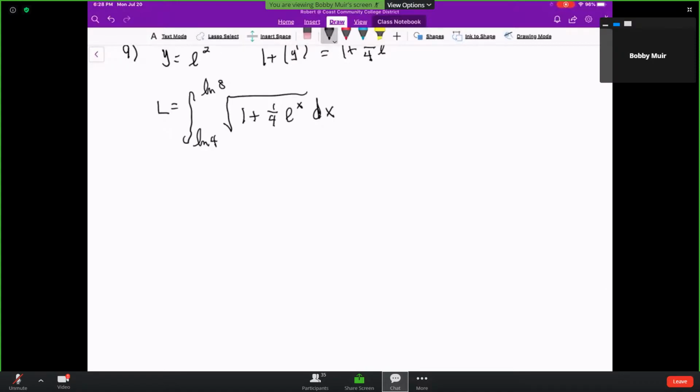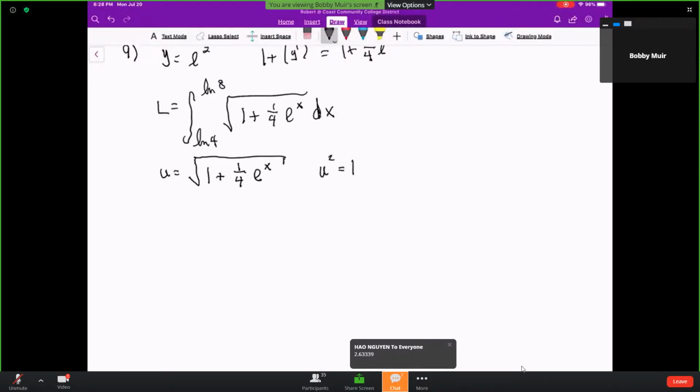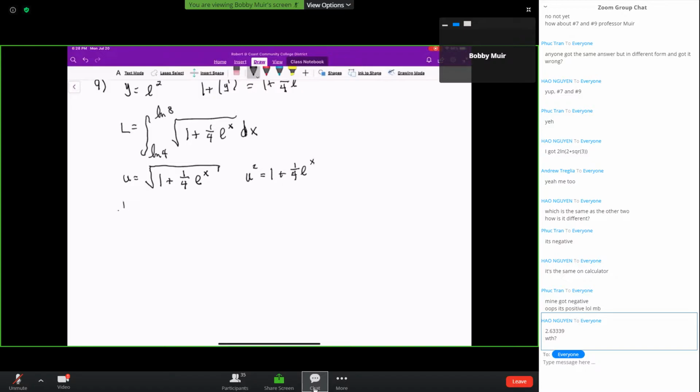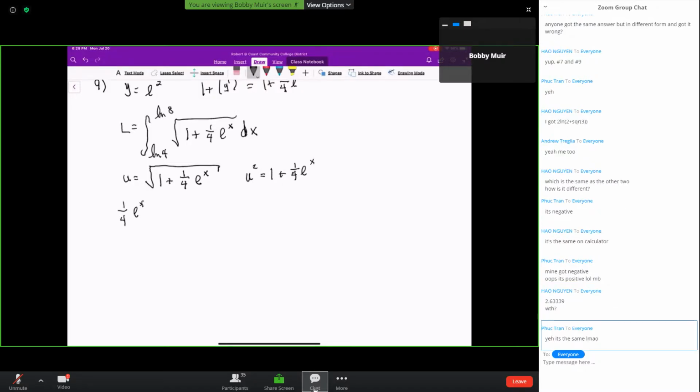So now I'm going to let u be the entire radical. I would imagine step 1, you would let u be what's under the radical, and if that doesn't work, step 2 is let u be the entire radical. So that means u squared is going to be 1 plus 1 over 4 e to the x. So 1 over 4 e to the x is equal to u squared minus 1.